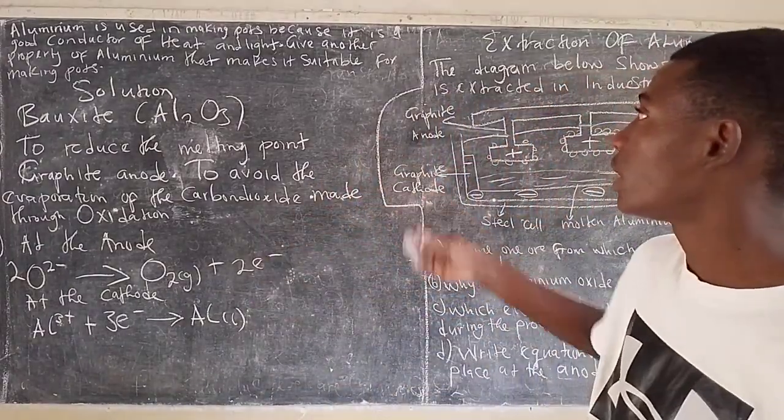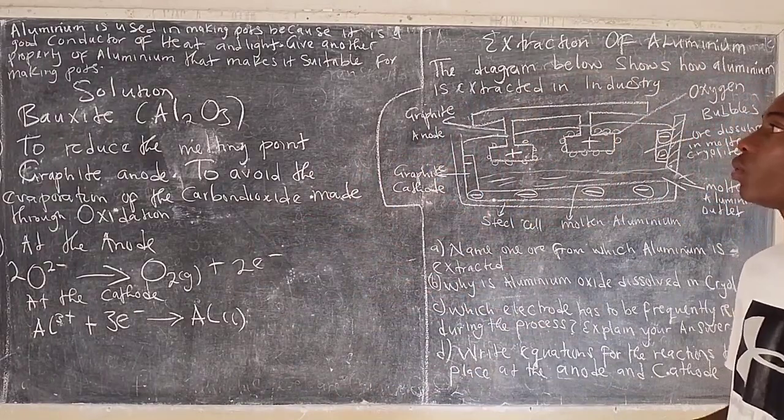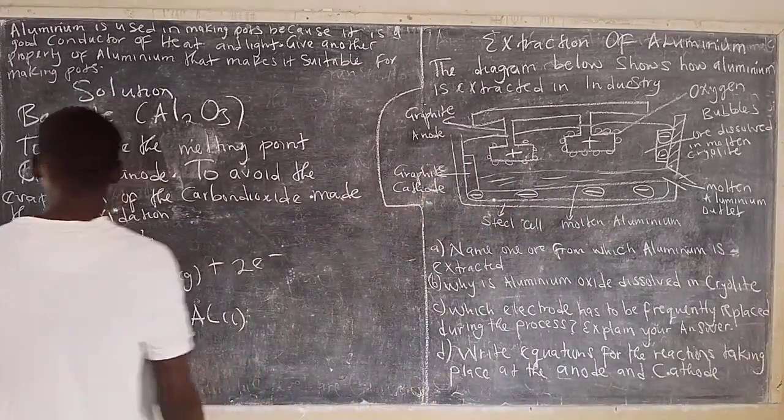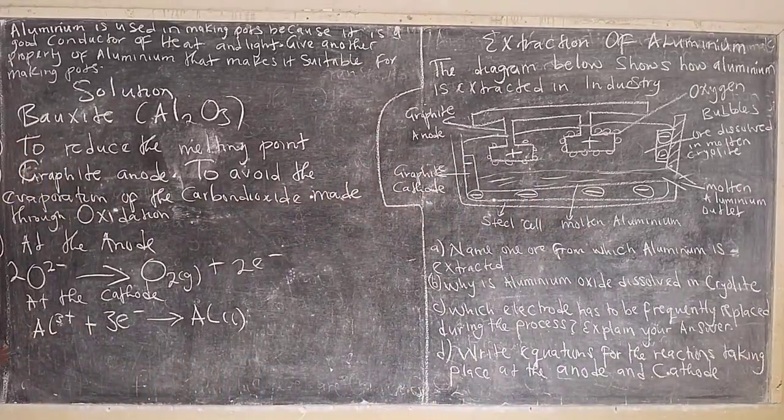So aluminium is used in making pots because it is a good conductor. Give another property that makes it good for making pots. So the reason is simple.